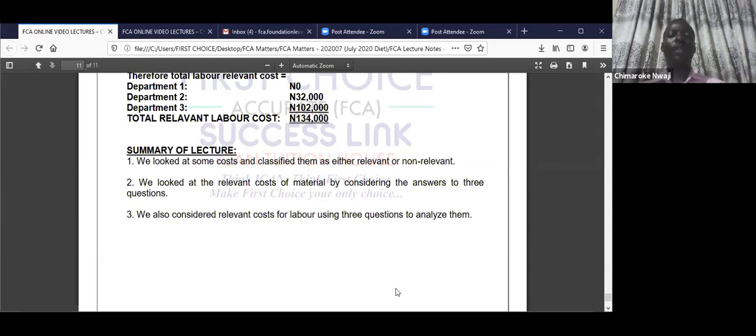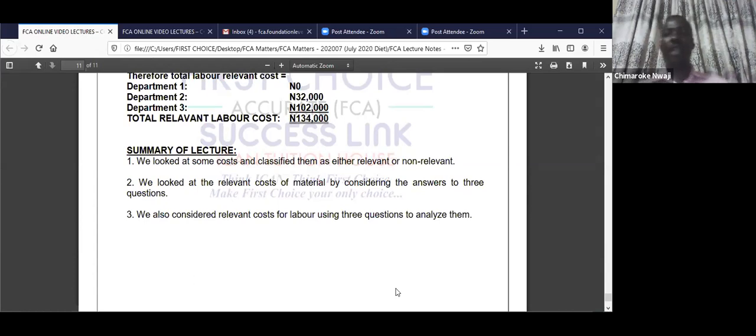We've looked at relevant cost of material by answering 3 questions. The 3 questions again are, is this material available in store? If it is available, that means it's yes. That means ask the next question. If it is not available, it means you have to replace, you have to go and buy them. So the current market purchasing cost is relevant.